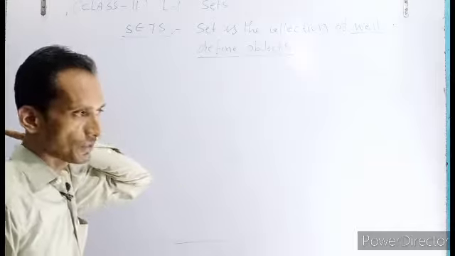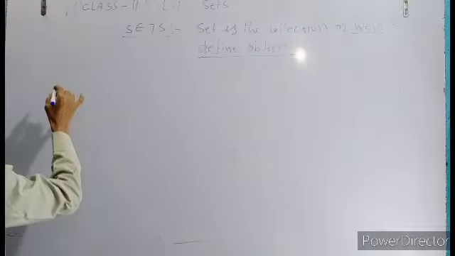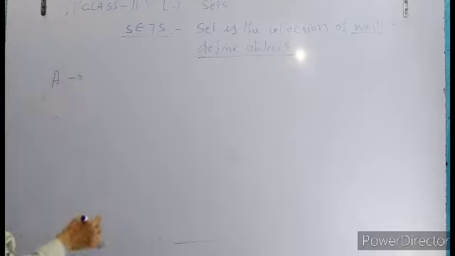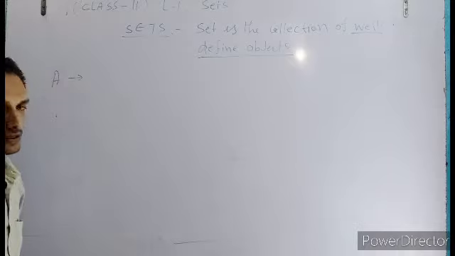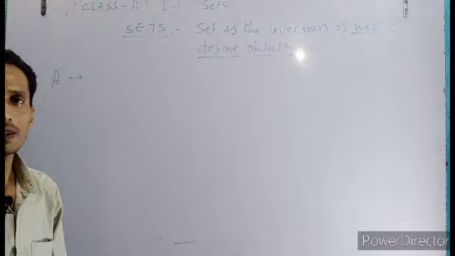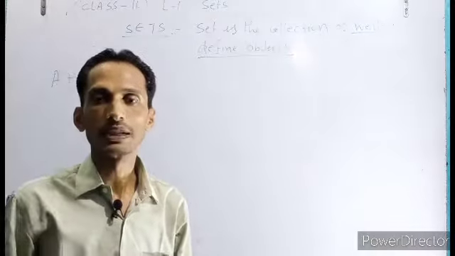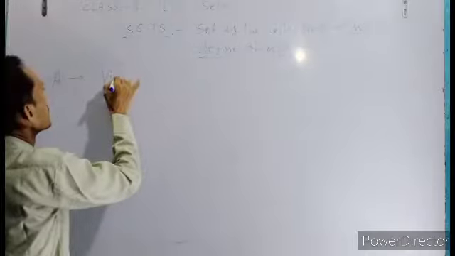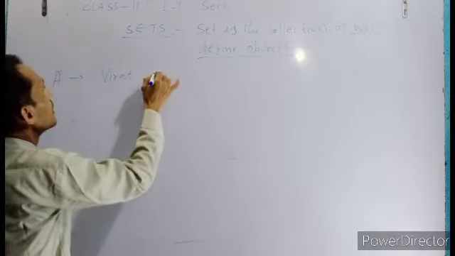Suppose you have two persons, A and B. I asked them to name the two best players in the Indian cricket team. Person A said Virat and Dhoni.